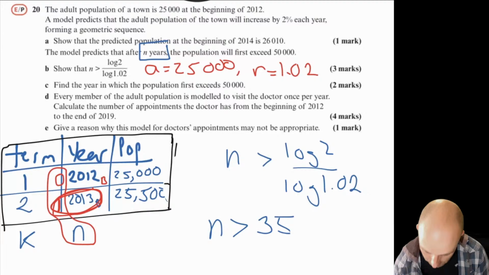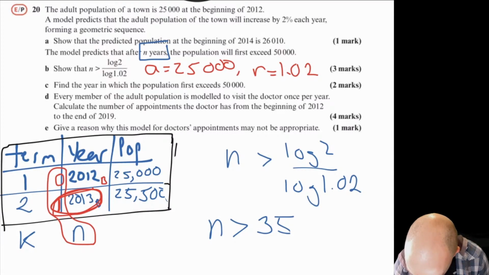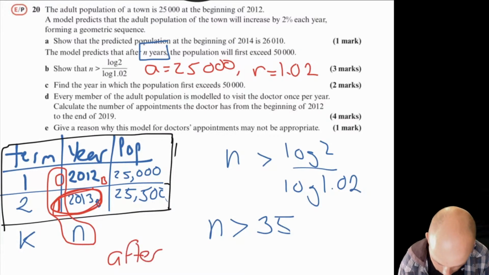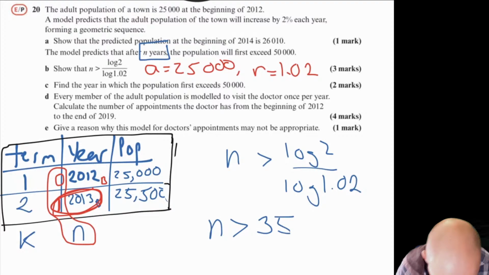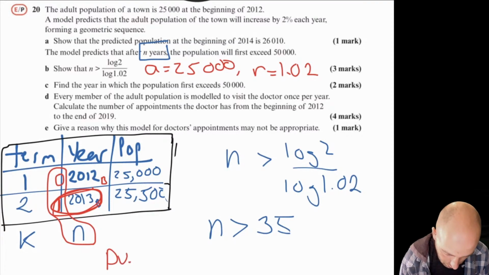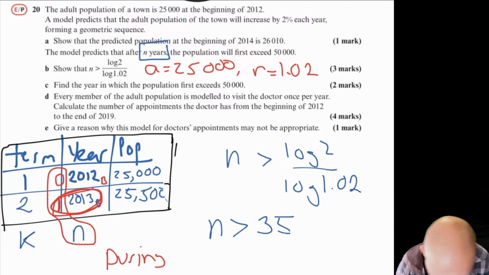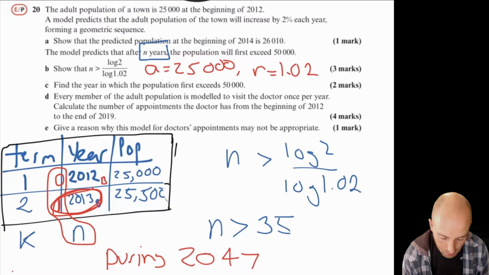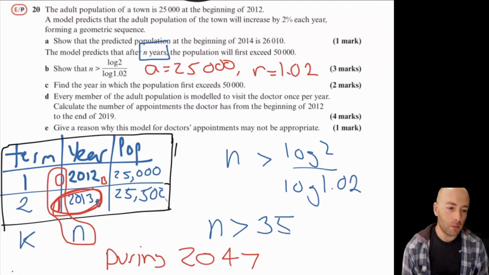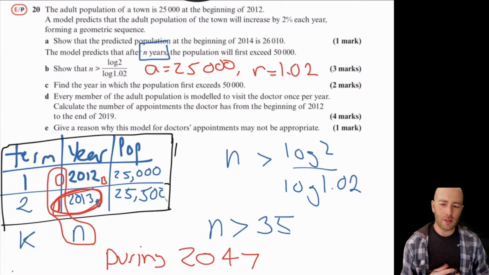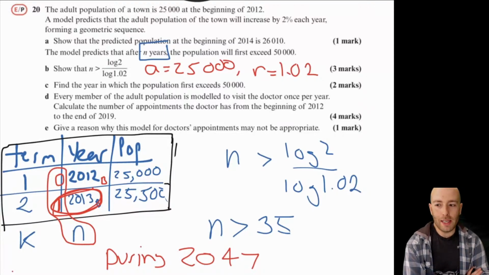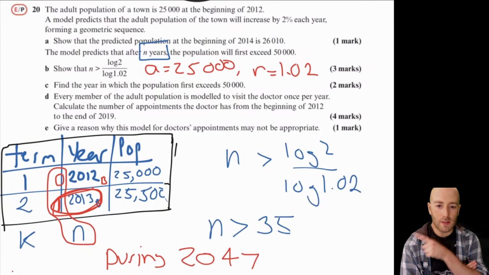So if I add 2012 to that, it has to be more than 2047, so it's going to be during 2047. So it'll be during that year where the population first exceeds 50,000. Does that make sense to everybody? I made it a little bit confusing with my using k and n there, where they've approached it slightly differently. But all it is is the relationship between your two numbers in the table.